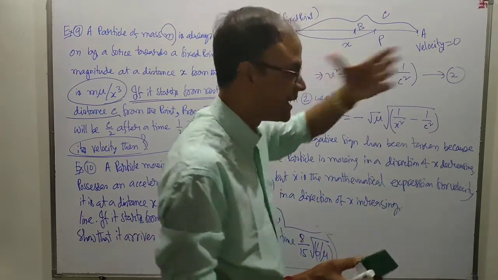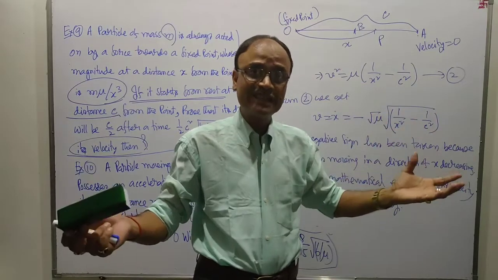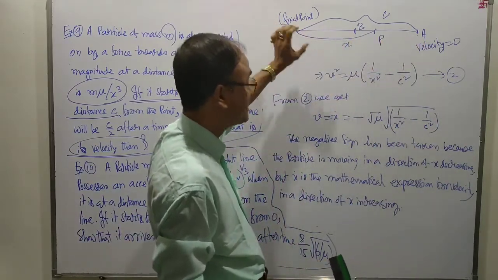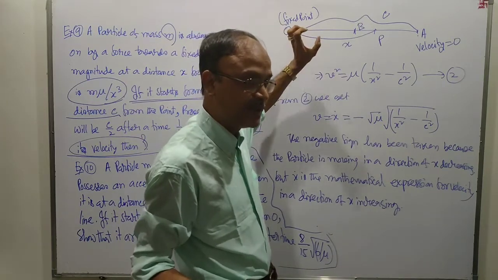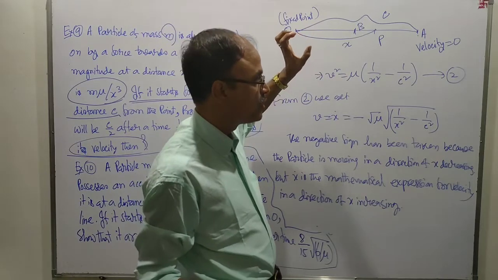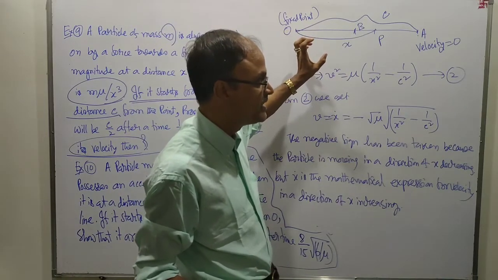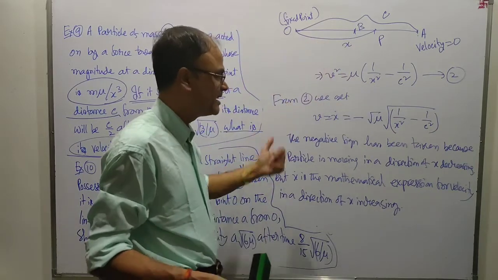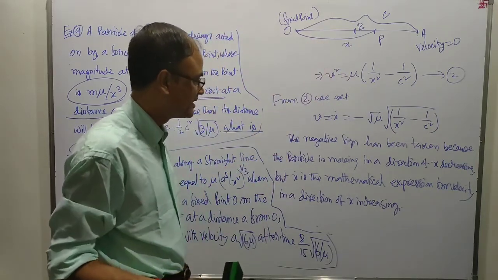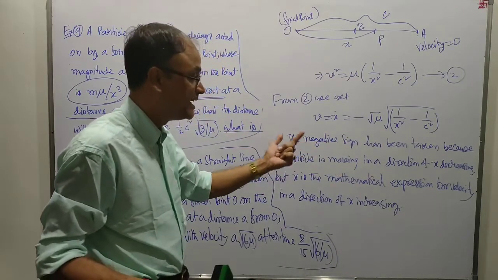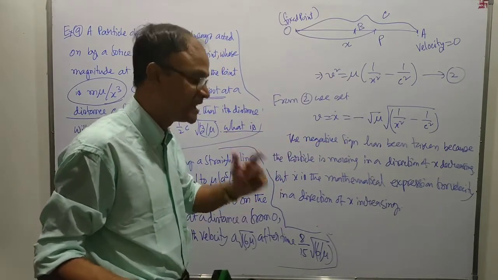In other words, the velocity increases when x decreases. It is moving in the direction, it is attracted towards O. O is attracting the particle. Consequently, the velocity will be increasing. X will be decreasing. In that way also you can say like that. The negative sign has been taken because the particle is moving in a direction of x decreasing.